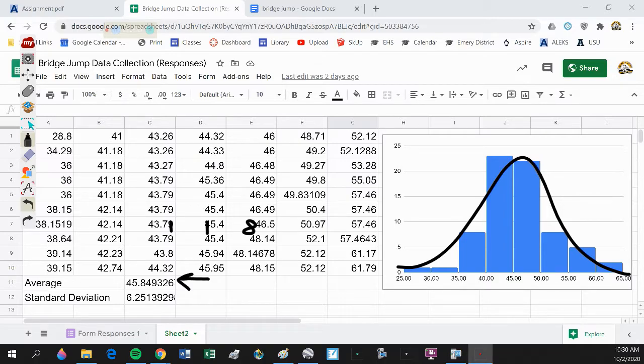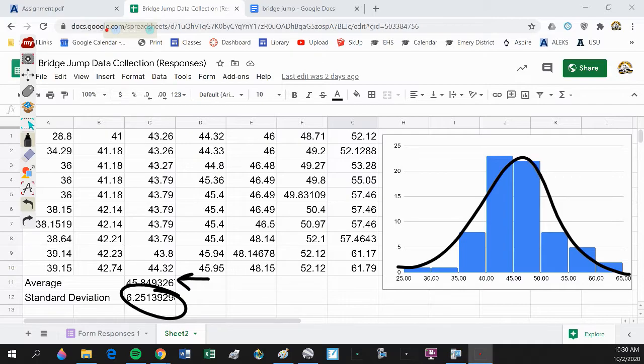So, what does the standard deviation of 6.25 mean? What does this tell us? What does the standard deviation mean? Well, how do we get the standard deviation?